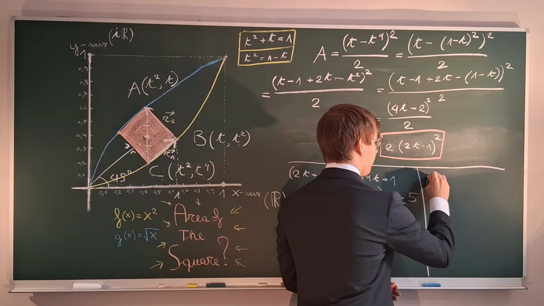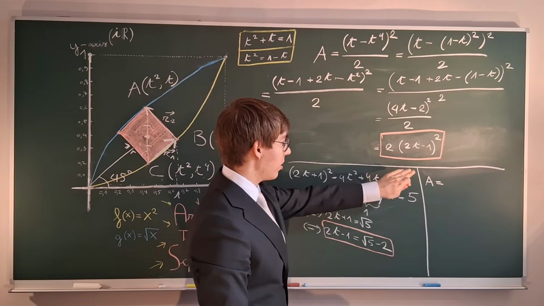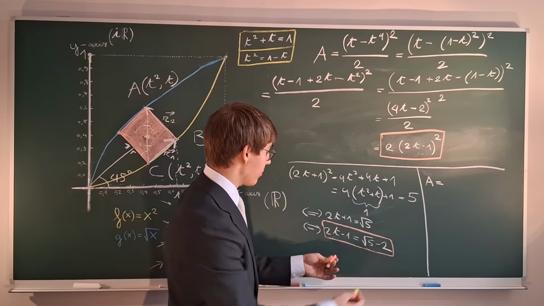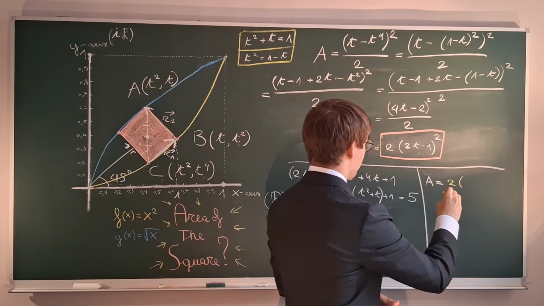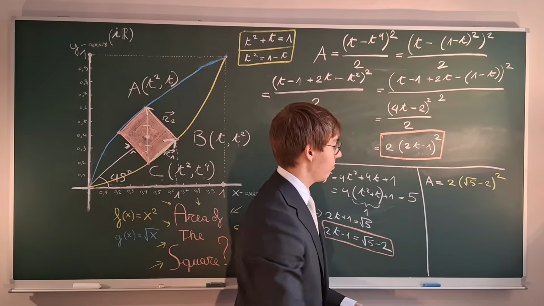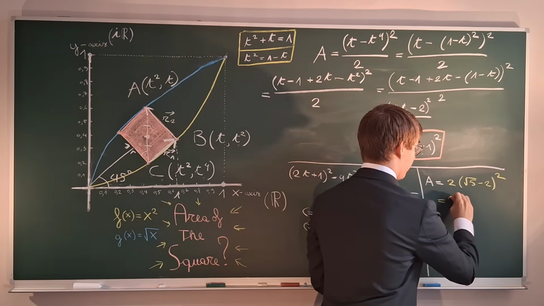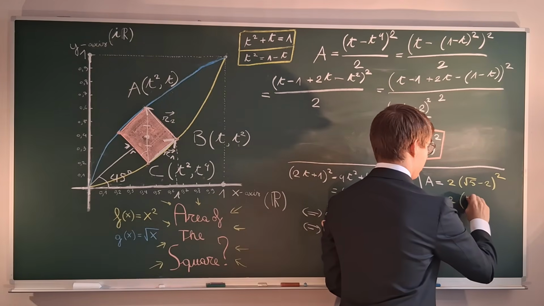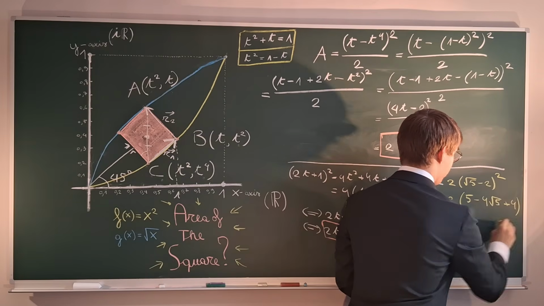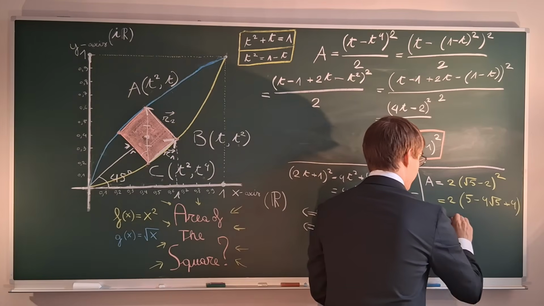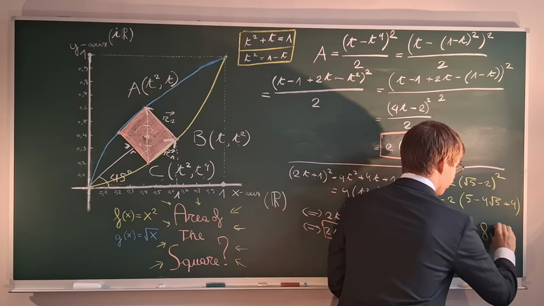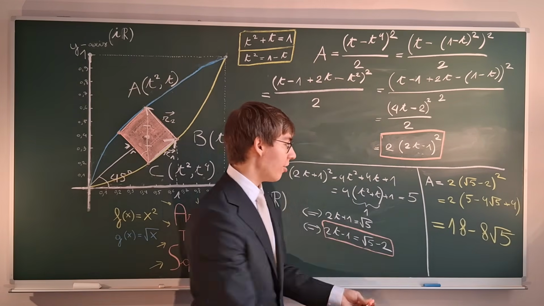So the area happens to be this expression, but we can substitute 2t minus 1 by square root of 5 minus 2 to get that it becomes 2 times the square root of 5 minus 2 squared, which is 2 times 5 minus 4 root 5 plus 4, which is exactly 18 minus 8 root 5. And this is our final answer.